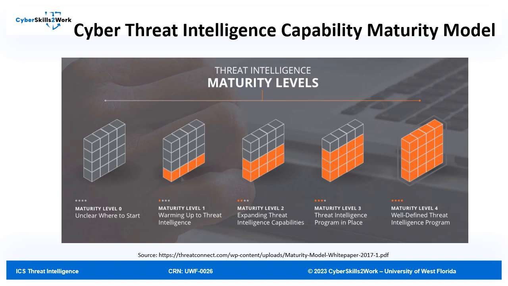Level 2, or defined, is a documented, standardized, and reviewable process. Level 3, or managed level, is proactive, metrics driven, and with some automation. Level 4, also called the optimized level, is automated, integrated, and predictable.